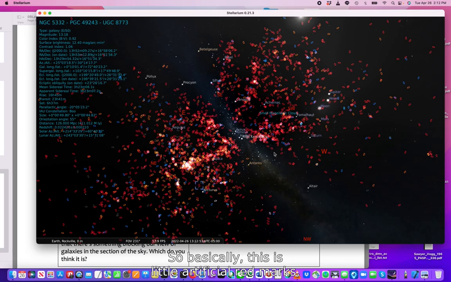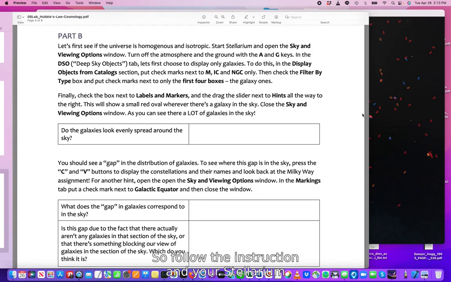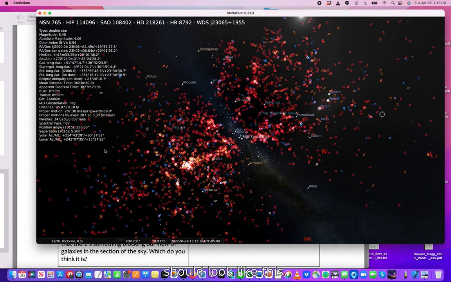So basically just these little artificial red elliptical marks, marking the location or the observation of each galaxy that could be observed under this proper setting. That's what it's supposed to look like, okay? So follow the instruction, and your Stellarium should look like this.